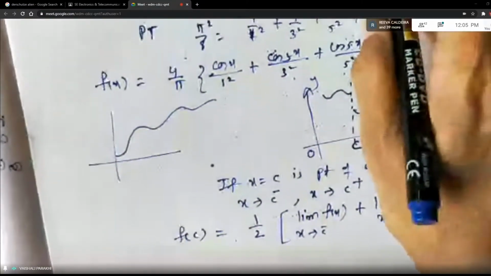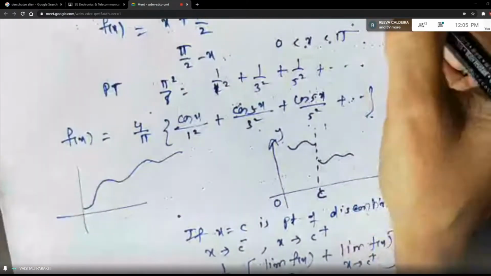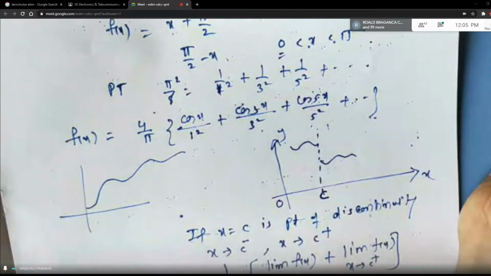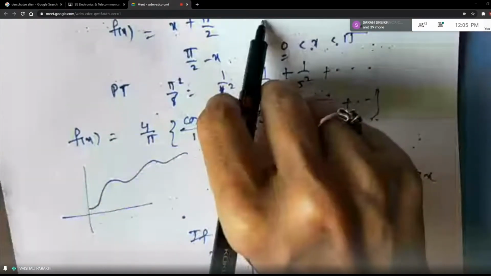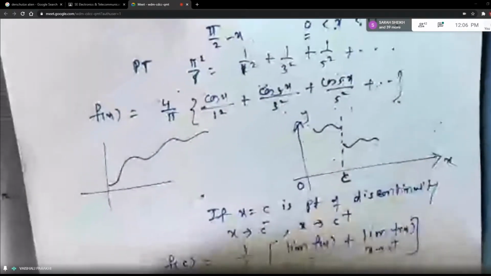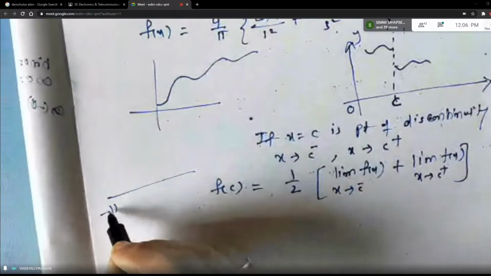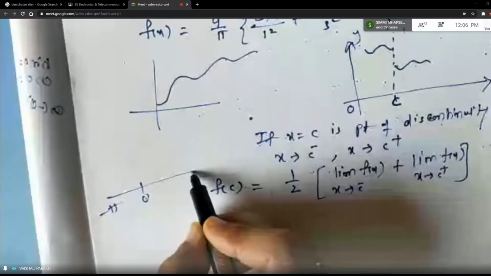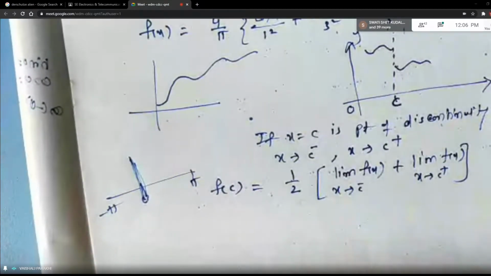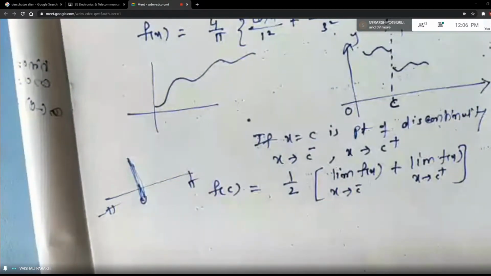Now here, see carefully, the function is discontinuous at 0. Because from minus pi to 0 you have one function, and from 0 to pi you have another function. So the function is breaking here. The function is getting discontinued at 0. So what is your c? c will be 0 here.